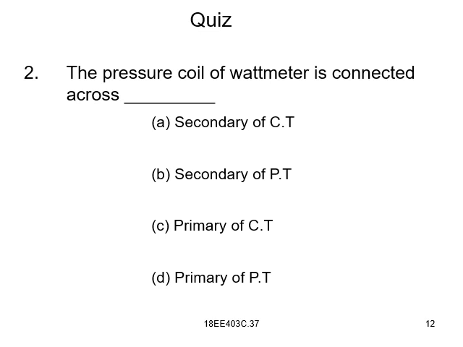So B is the right answer. We'll check. The pressure coil of wattmeter is connected across the secondary of PT.